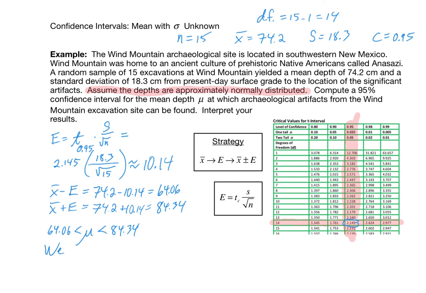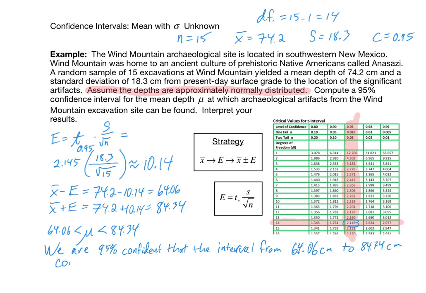So we are 95% confident that the interval from 64.06 centimeters to 84.34 centimeters contains the actual population mean depth, the actual mean depth of these artifacts.